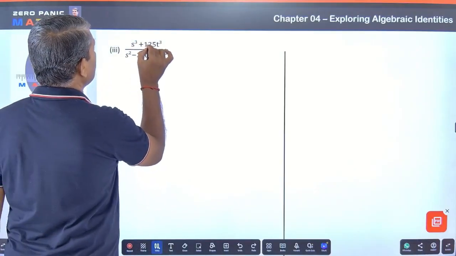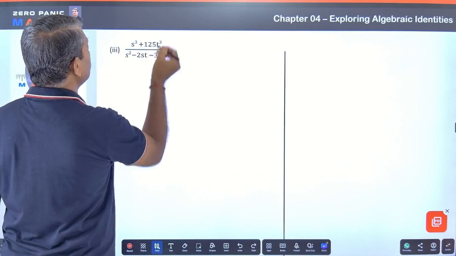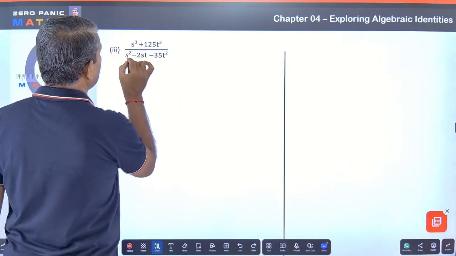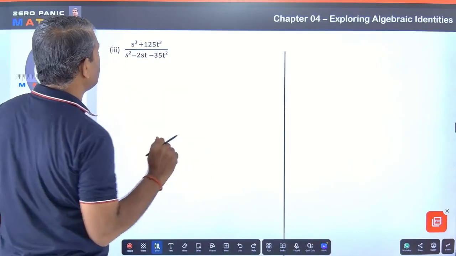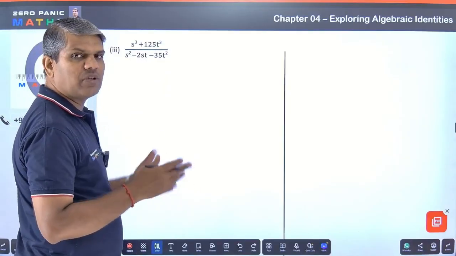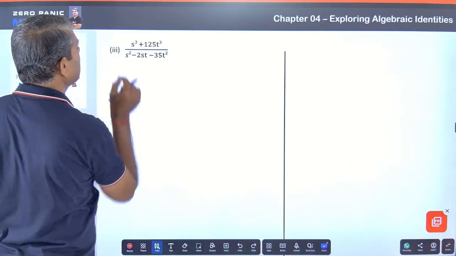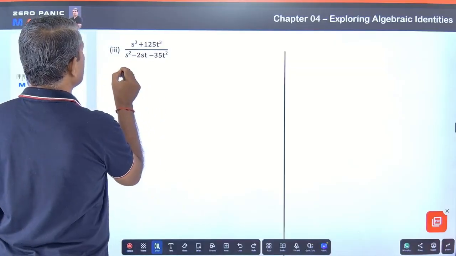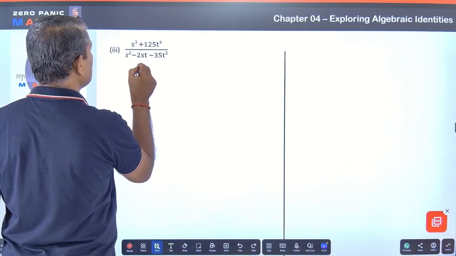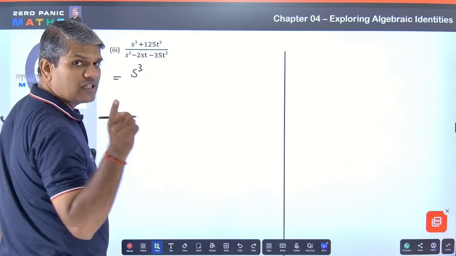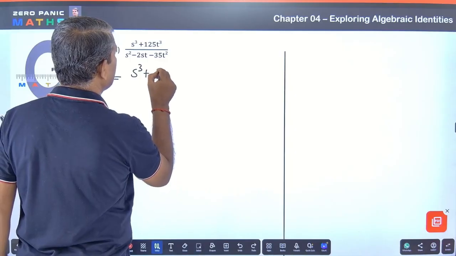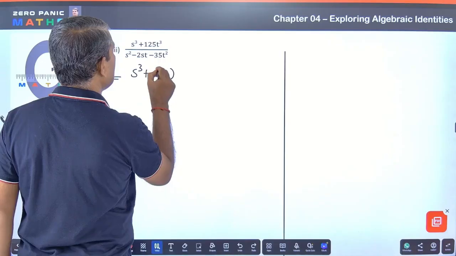Now it is looking like a cube plus b cube, another identity that we know already, but the denominator does not look like any of the identities, so we have to solve it by the regular factorization method of splitting the middle term. Let me write the above one as s cube plus 125, I am writing it as 5t whole cube.